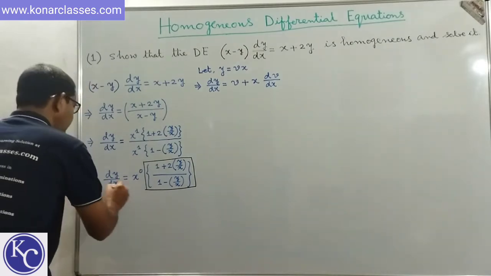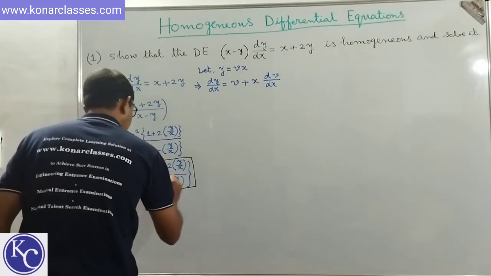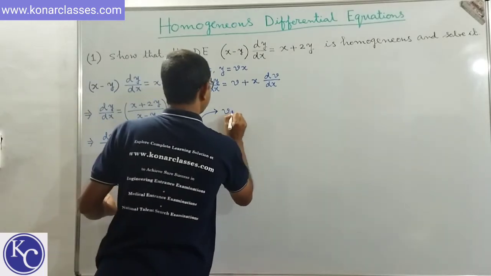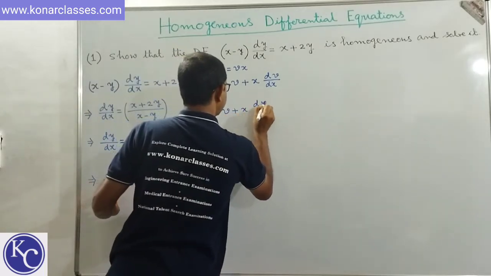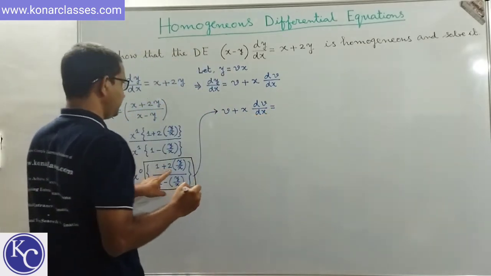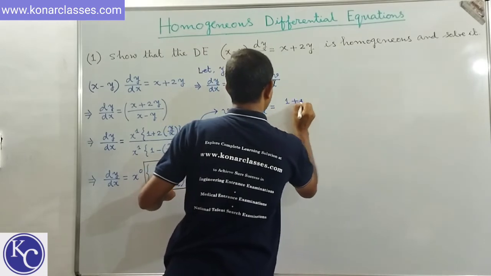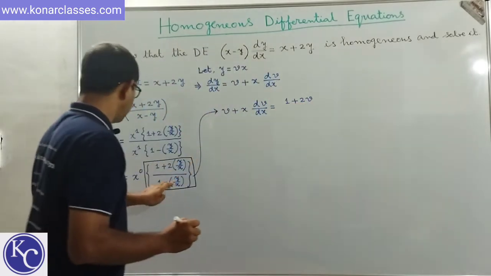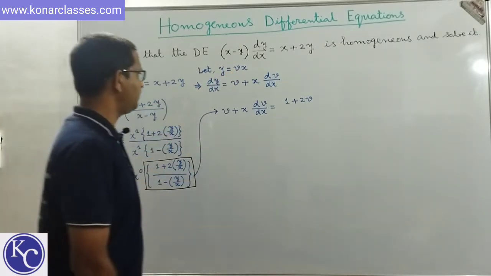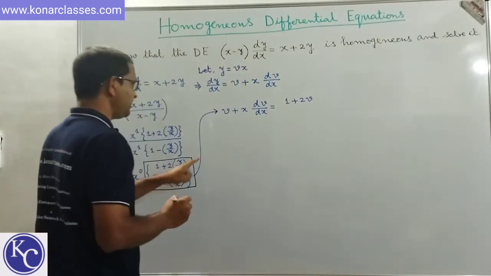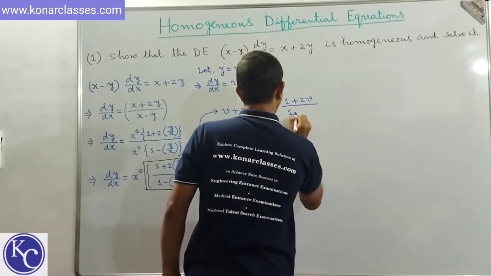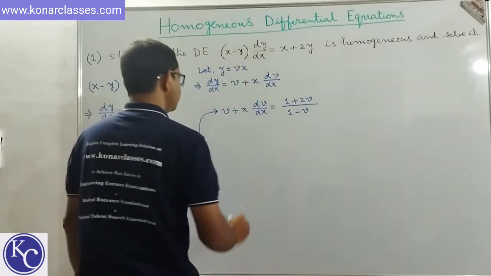And that value we are going to apply here. So then we get dy/dx is equal to v plus x dv/dx is equal to 1 plus 2v. Why? Because y by x equal to v, as y equal to vx, so v is equal to y by x. That means instead of y by x we can write v. So 1 plus 2v divided by 1 minus v, correct?